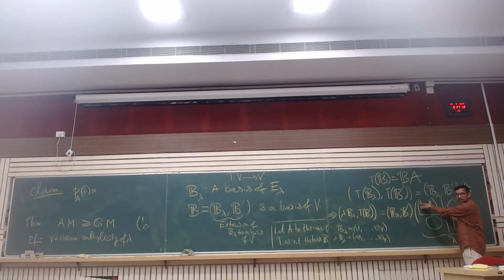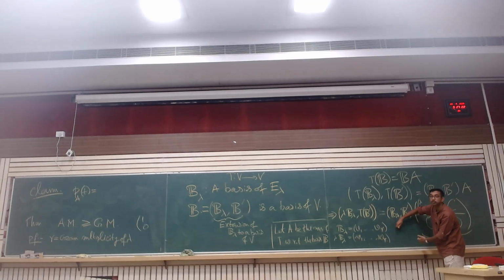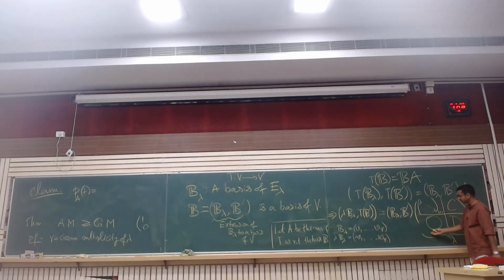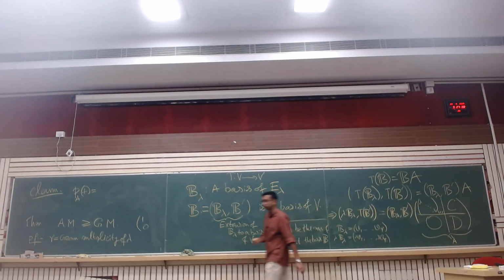So this is the first matrix. This part is 0, I mean, this has no contribution from B dash, because B dash will extend to v(r+1) up to vn, and all these coefficients would also be 0. So this is just a 0 matrix. And here you do not know what entries are there, so you just put some C and D there.